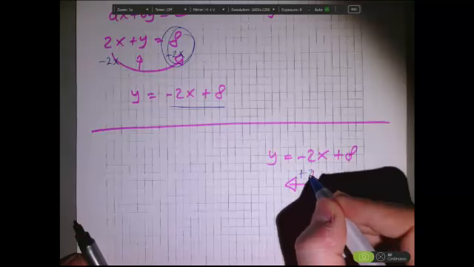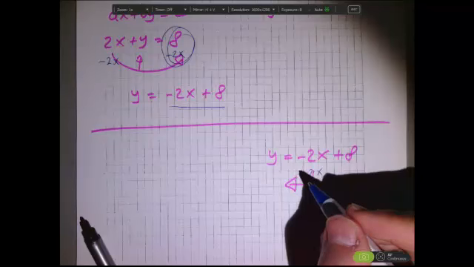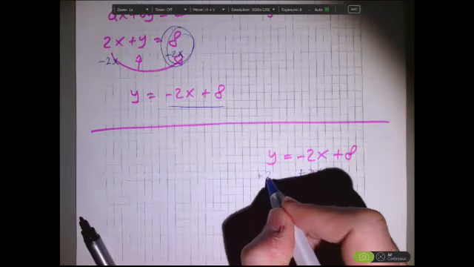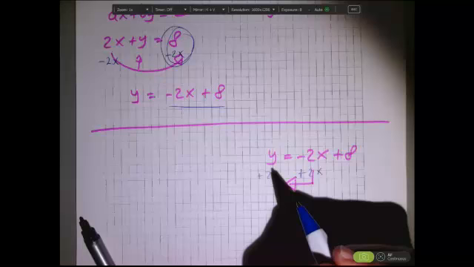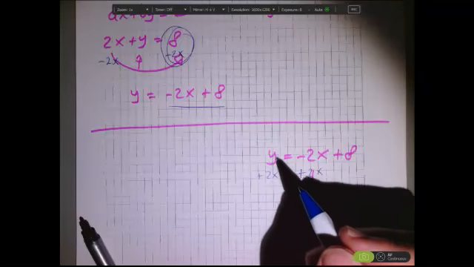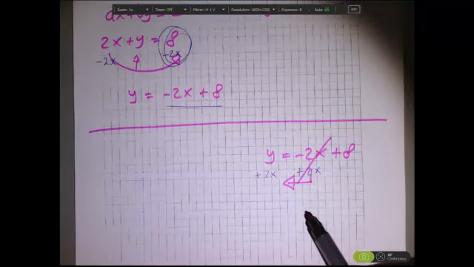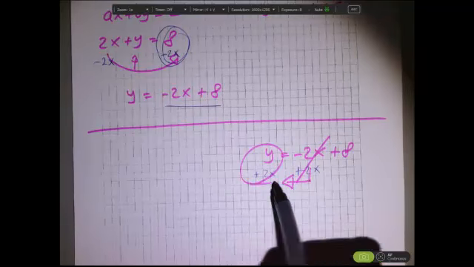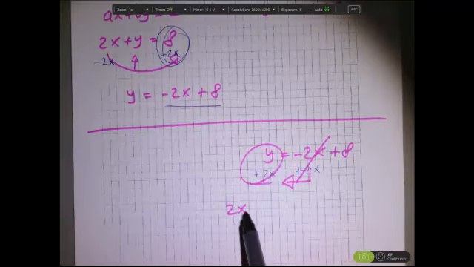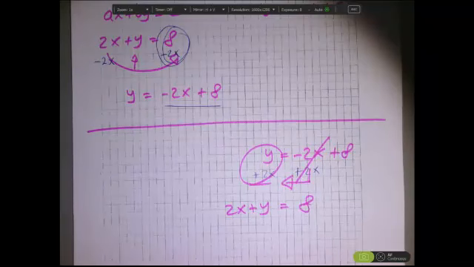You add 2x to both sides. So the 2x's cancel away there, and I just choose to write this in a line: 2x plus y is equal to 8. So you have to be able to move between the two versions.